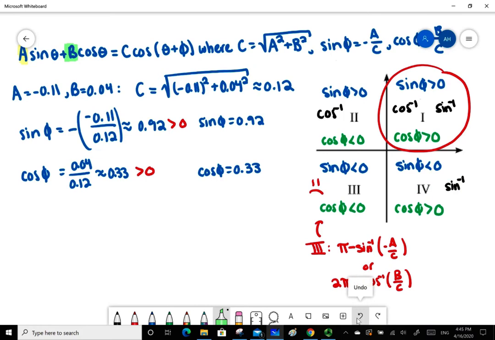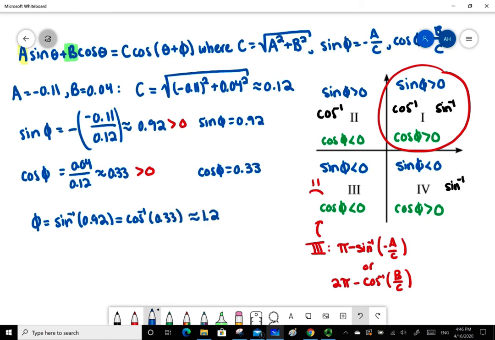In our case, the sine and cosine of phi are both positive, so phi is in quadrant 1, and either the inverse sine or the inverse cosine will work. So phi is equal to the inverse sine of 0.92 or the inverse cosine of 0.33, which is approximately 1.2.